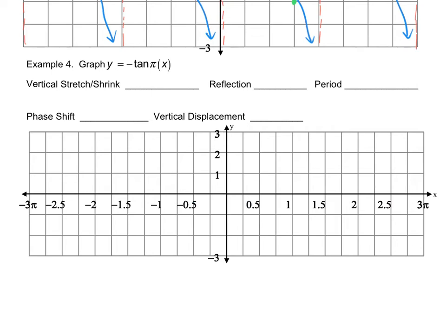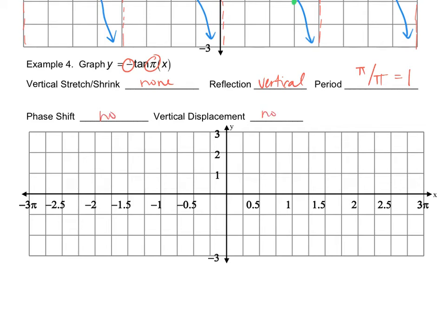In our next example, we have a reflection vertically, and we have a b value, so my period is going to be pi divided by, in this case, pi, or 1. There is no vertical stretch or shrink, there is no phase shift, and there's no vertical displacement.